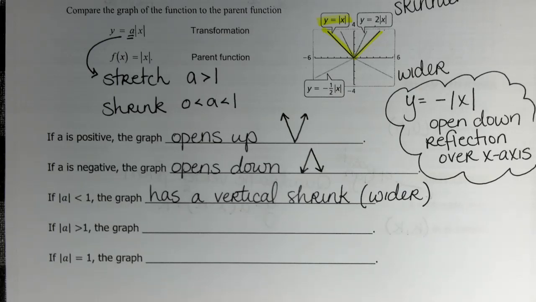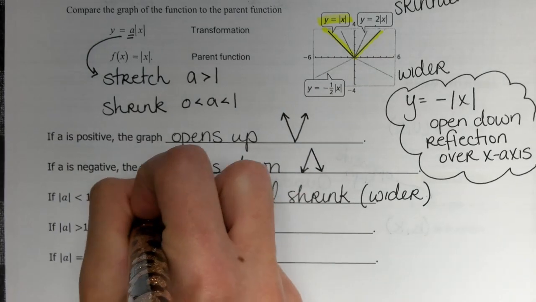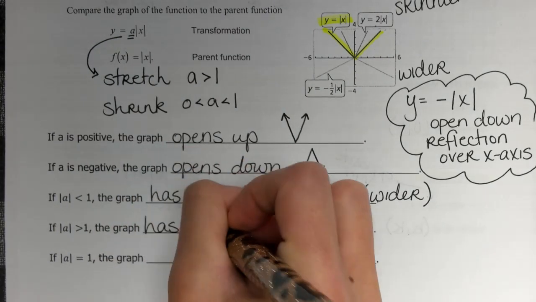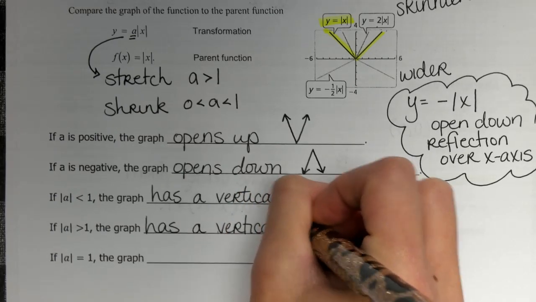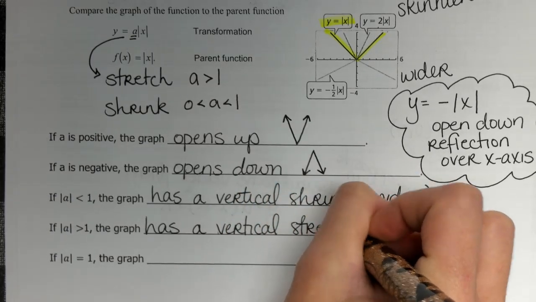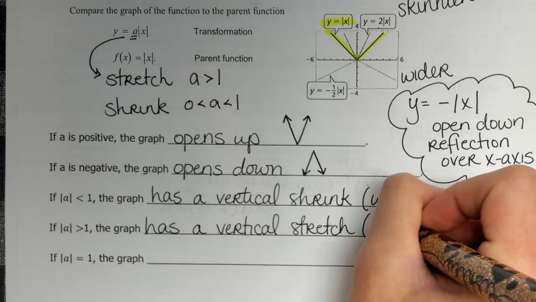If the value of A is greater than 1, the graph has a vertical stretch. It gets more narrow.